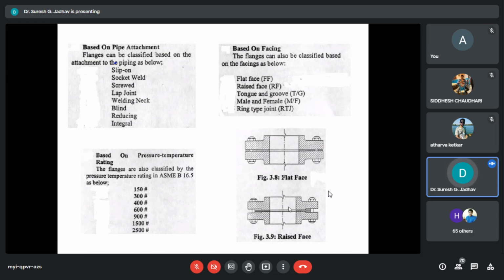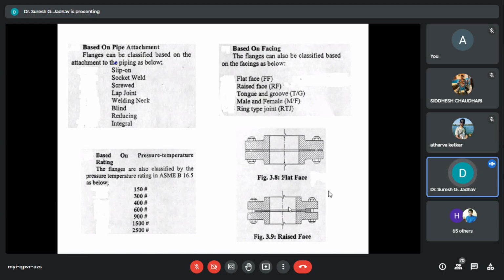Some flanges are used for low pressure and temperature services like class 150, 300, 400, and onwards go for high temperature and pressure services and critical services. Then we can use that kind of flanges also.